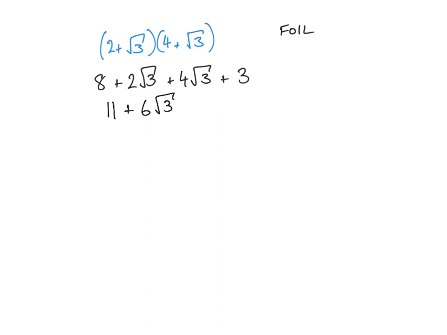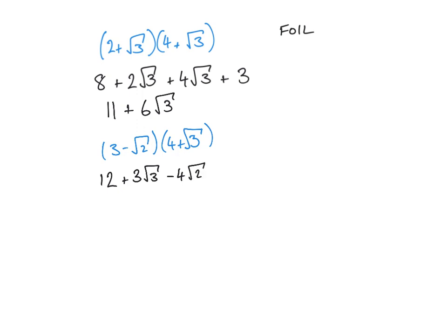Second example, same sort of thing. It's just 3 minus root 2 upon 4 plus root 3. And again, when we look at the first terms, 3 times 4 is 12. The outer terms, 3 times root 3 is just 3 root 3s. The inner terms, minus root 2 times 4, well that's minus 4 root 2s.